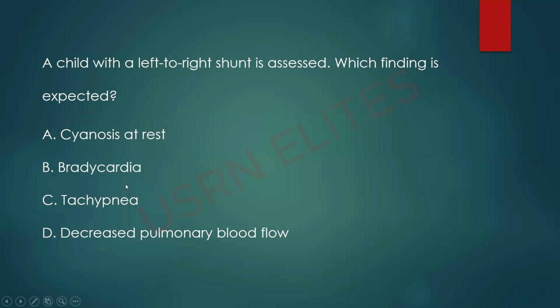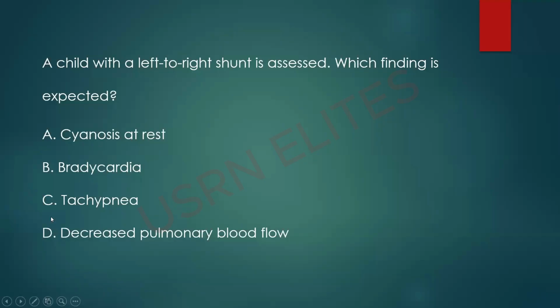And are you sure you're going to have bradycardia? No, you're going to have tachycardia and tachypnea. And cyanosis at rest? We said not long ago that left to right shunt means no cyanosis. So even if you don't know the answer is tachypnea, you've been able to fish out the wrong answers.